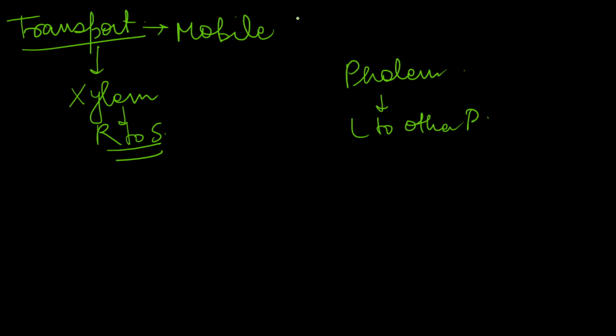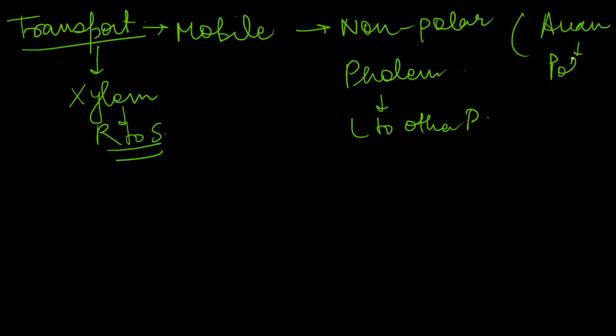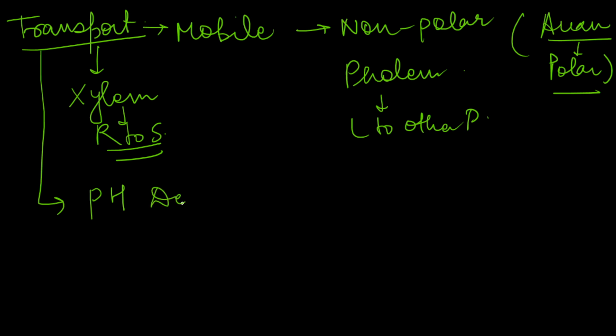The transport is generally non-polar, unlike auxin, which is polar. Remember it, because they can ask you the transport of auxin also if they have asked the transport of ABA. So it is non-polar, and you will find a pH-dependent distribution.